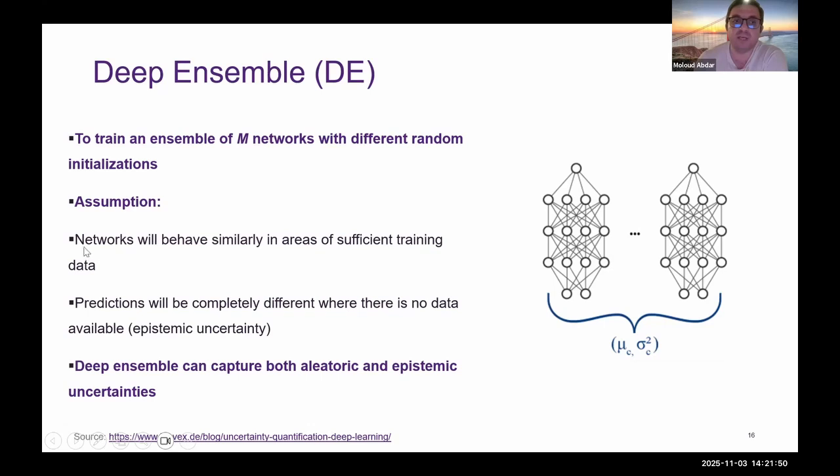The assumption is the networks will behave similarly in areas of sufficient training data, and predictions will be completely different where there is no data available. So it's a kind of epistemic uncertainty here. Deep ensembles can capture both epistemic and aleatoric uncertainty in their nature.